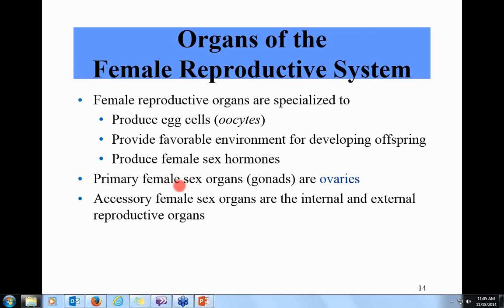The primary female sex organs, or the gonads, are the ovaries, and again, the ovaries produce the eggs, also gametes or oocytes. And the accessory female sex organs are both internal and external. And the next slide is a picture of these.